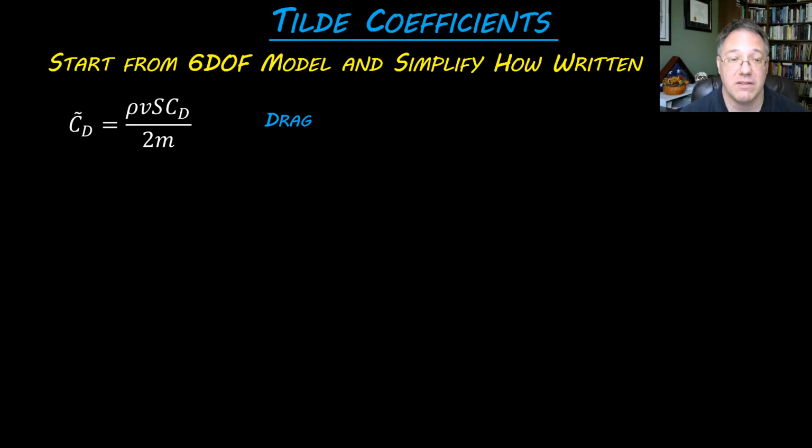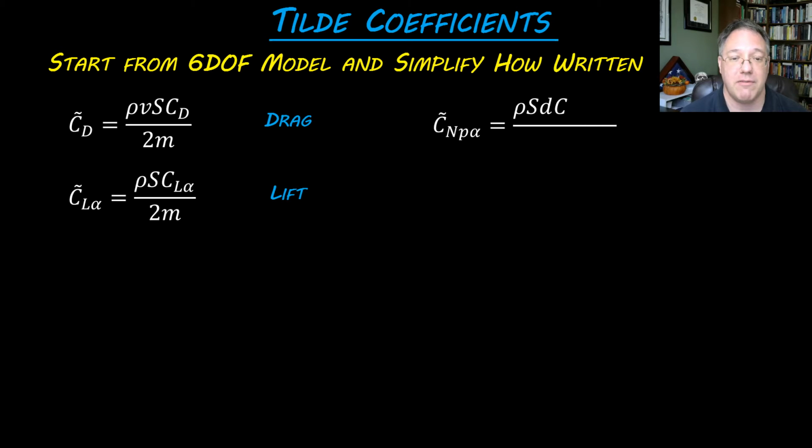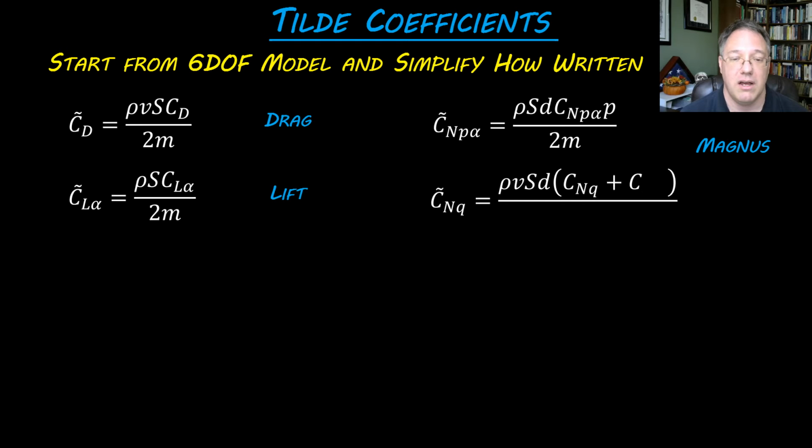These are constants, so they're not going to change, which means that once we know our coefficient of drag, we can calculate the tilde coefficient of drag with all this other information about our particular scenario. You'll note that that term is the same one that you see in the 6 degree of freedom model. We can do that for lift, for Magnus, and for all the different coefficients that we deal with.